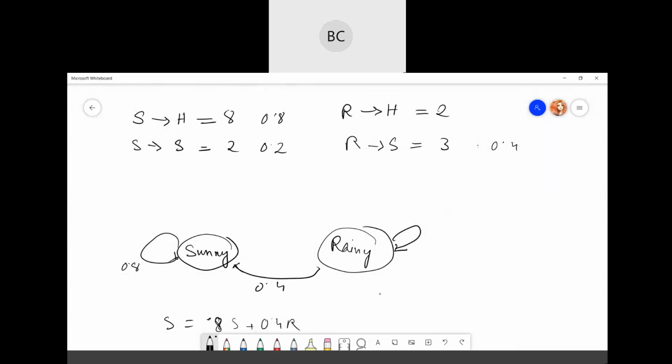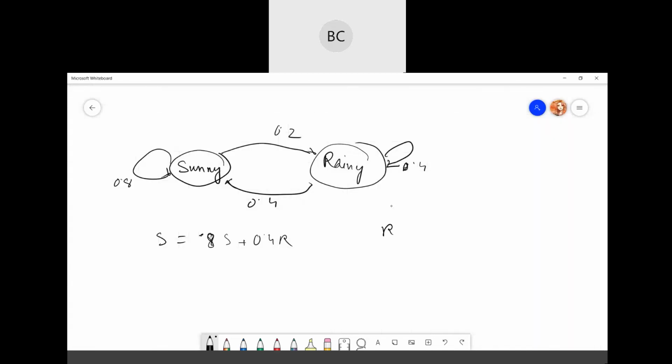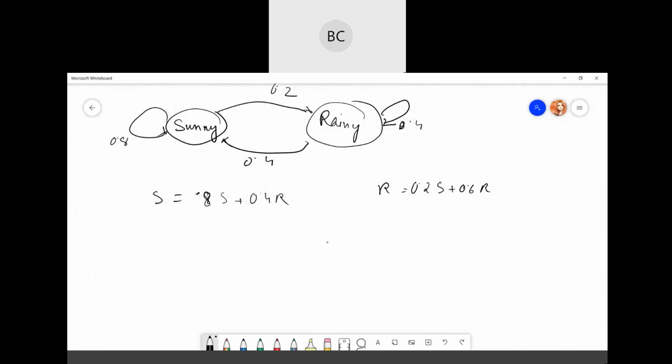It was 0.2. So from rainy to rainy, I can say 0.2 sunny plus 0.6 rainy. Both sunny and rainy have like equal chances, so I can just write 1.